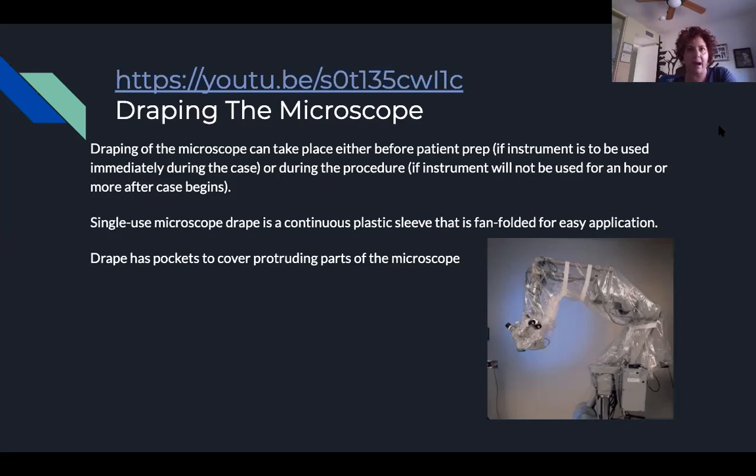MAC stands for local monitored anesthesia care. So the patient will have a light sedation and maybe they might be breathing on their own intermittently. And so instead of getting a tube down their throat, they're going to get something called a laryngeal mask airway, an LMA. We call them LMAs.